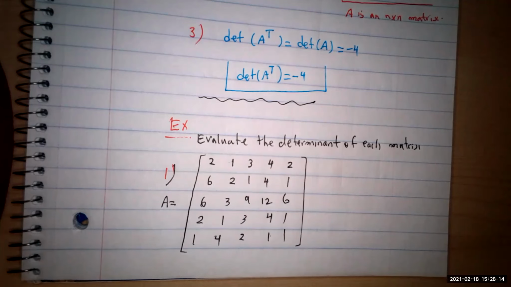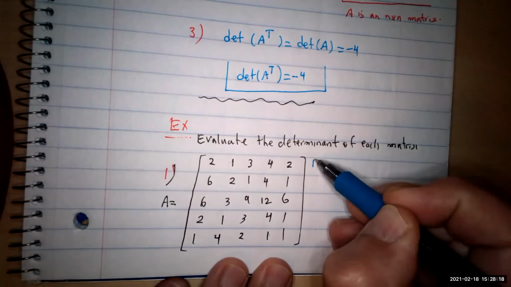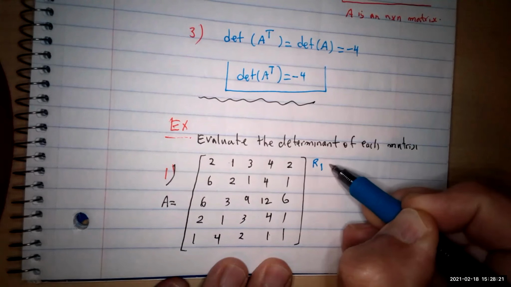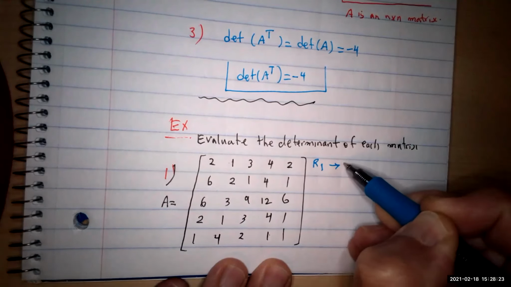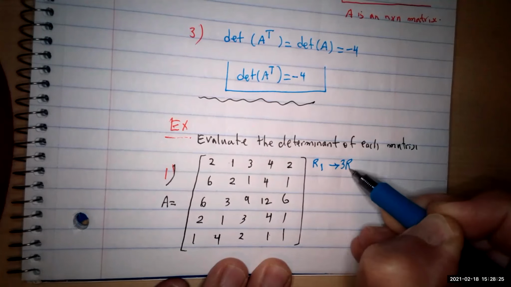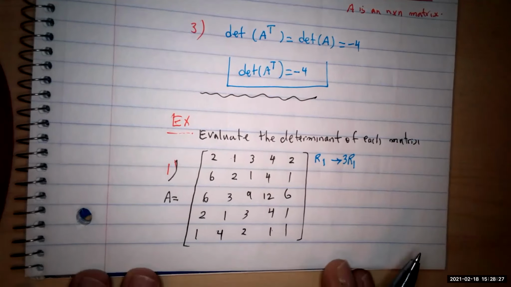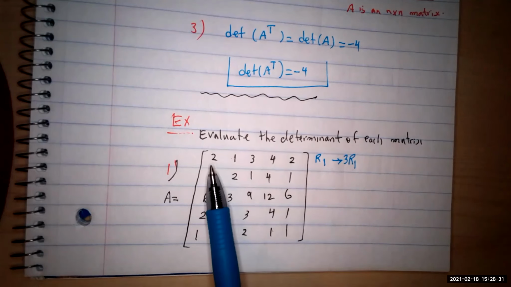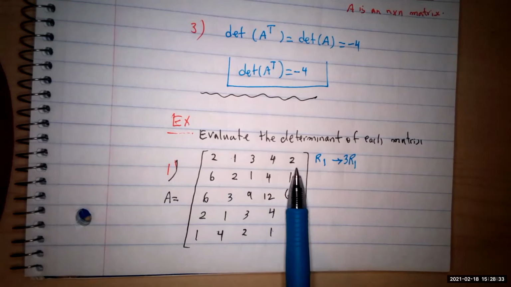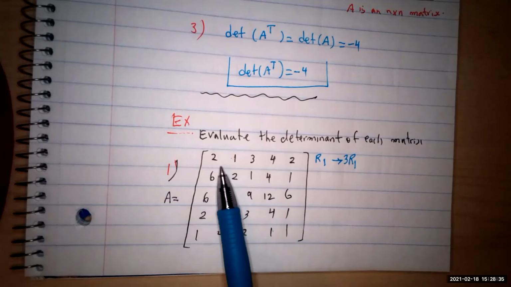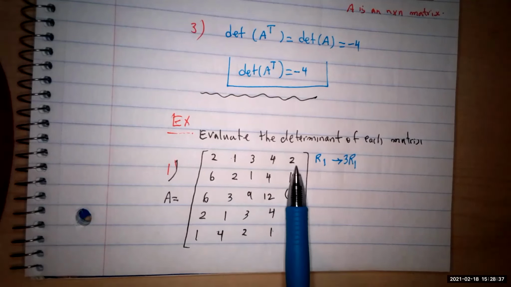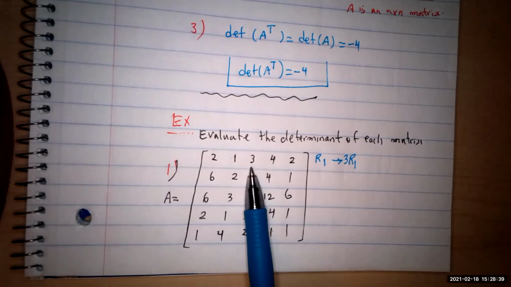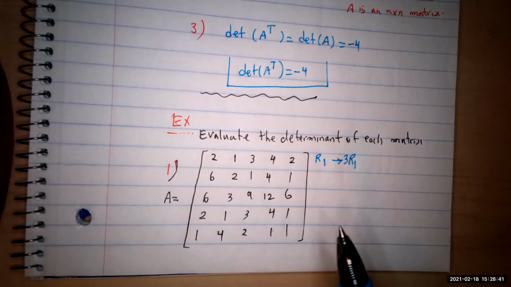So what we're going to do is change this one a little bit. We would like to change R into 3R1. For this, you are going to multiply this row by 3. You know that when you multiply a row by 3, the determinant of the matrix would be multiplied by 3 too.